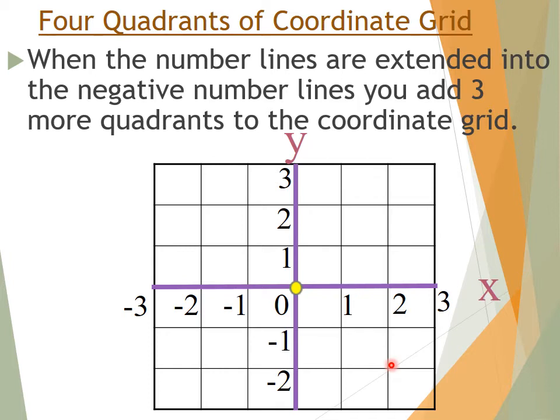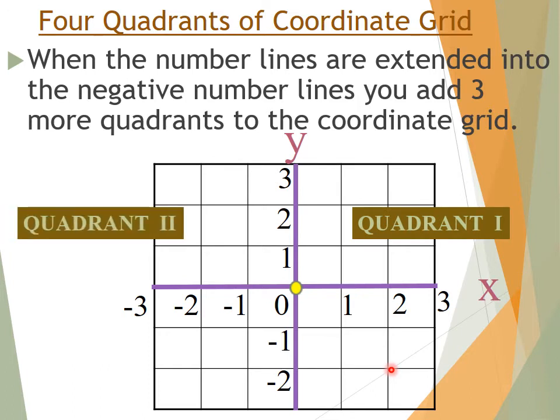Okay, so we are going to name these 4 sections or quadrants as quadrant 1 or the first quadrant, then quadrant 2 or the second quadrant. Please keep in mind that the names are fixed, and the naming system will go anti-clockwise.